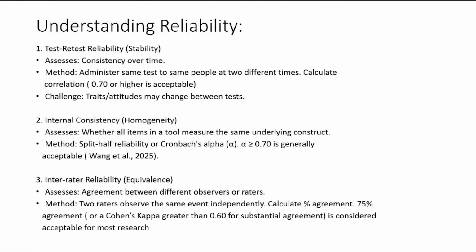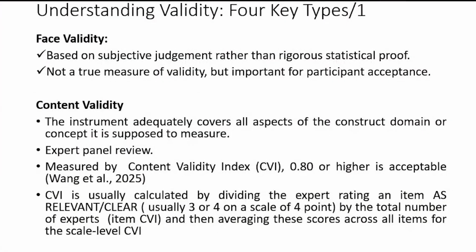Then the next one is understanding validity. Validity, we said, reliability is consistency, while validity is accuracy. So you want to understand validity, and we have face validity, content validity, criterion validity, and construct validity.